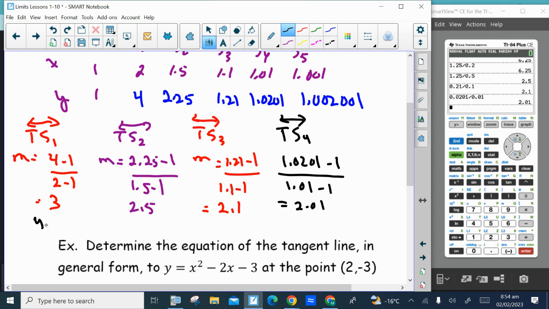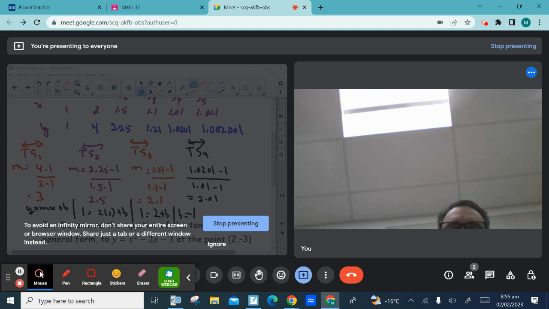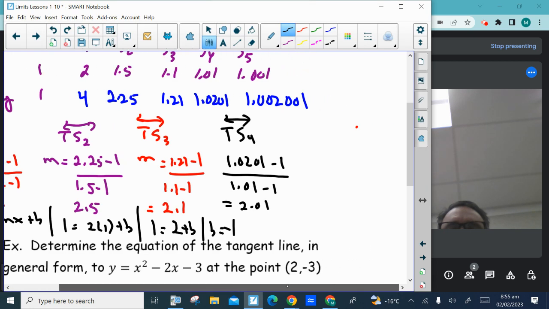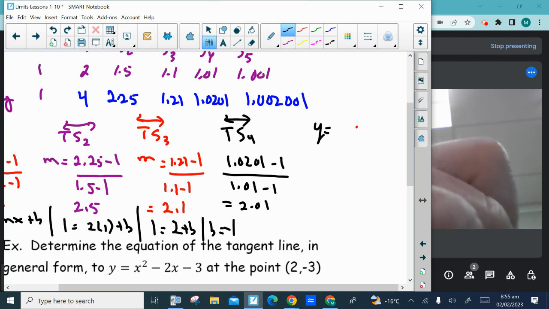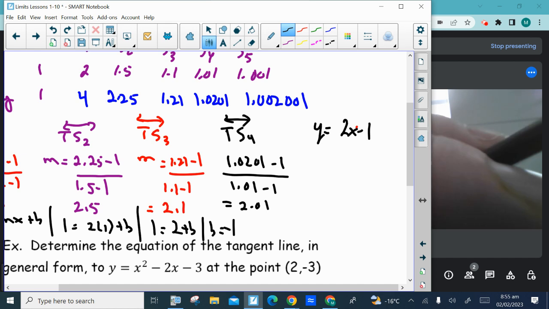So if I use y equals mx plus b, and I'm using the point 1 comma 1 with a slope of 2, so 1 will equal 2 plus b, b will equal negative 1, and our equation will be y equals 2x minus 1 in slope-intercept form.